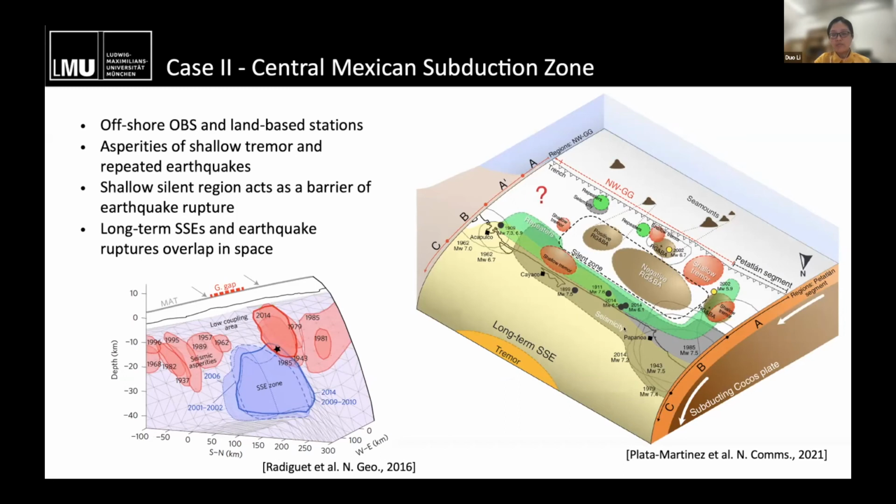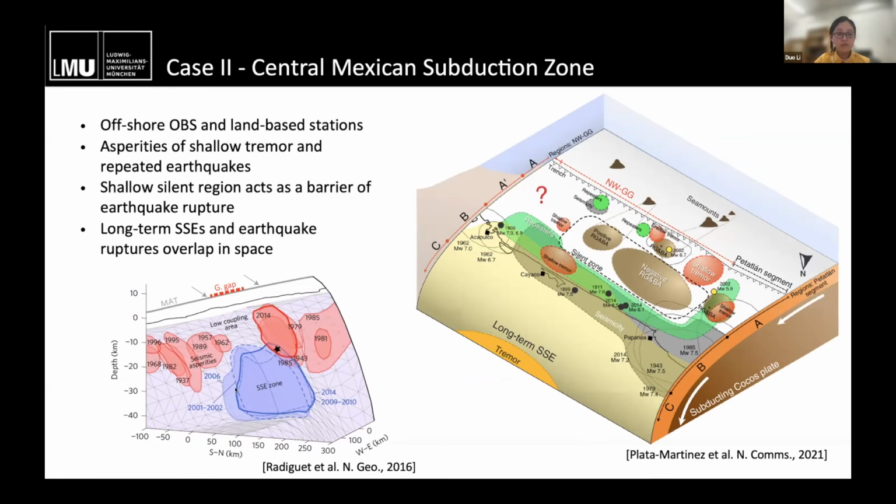This heterogeneity on the fault may reflect that the fault interface is very complex, and this model shows the proposed model for the slow slip event and the 2014 earthquake rupture.